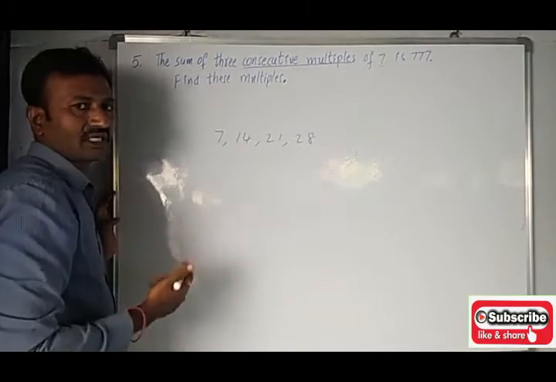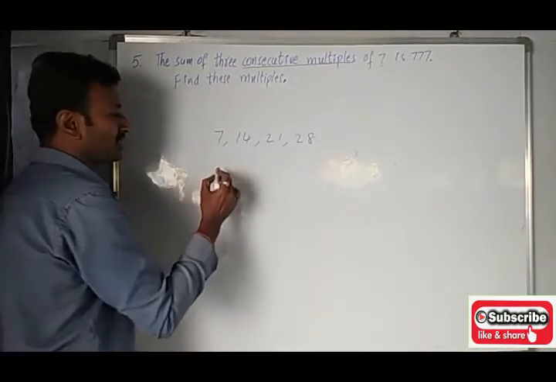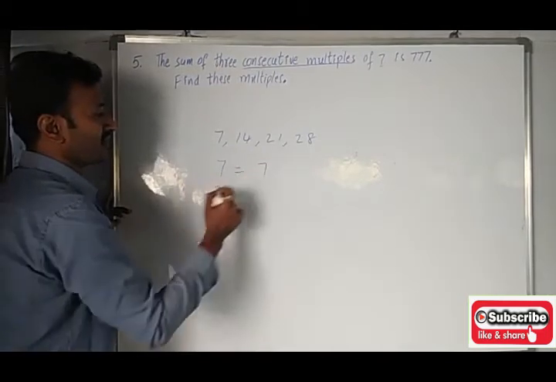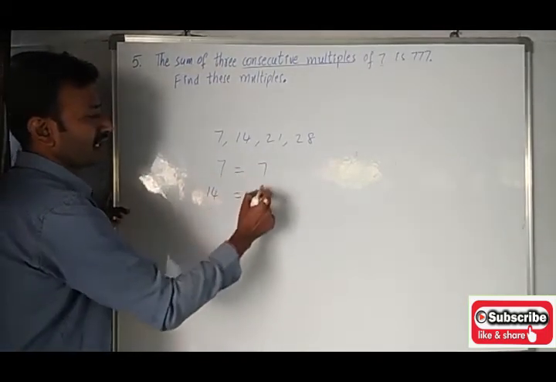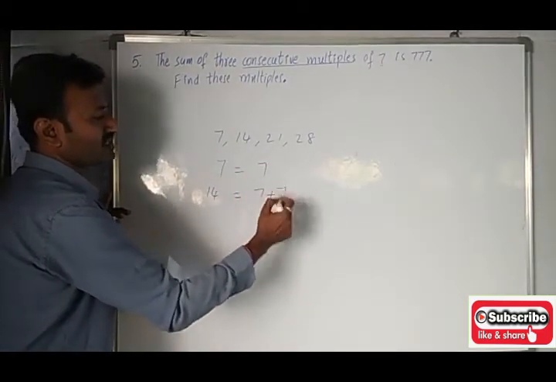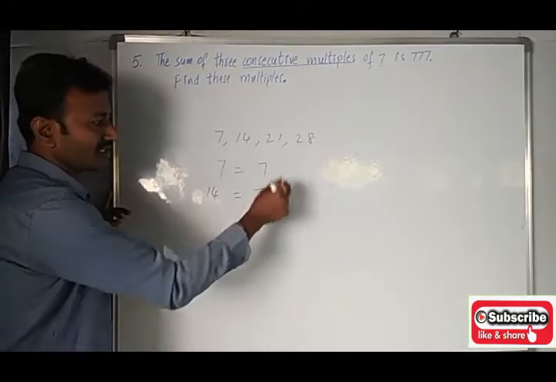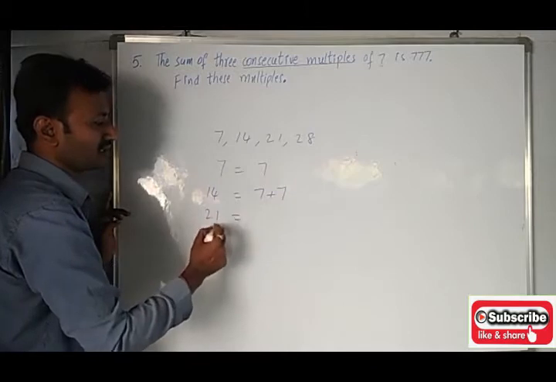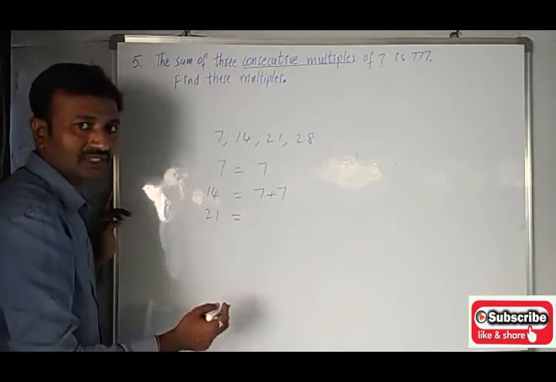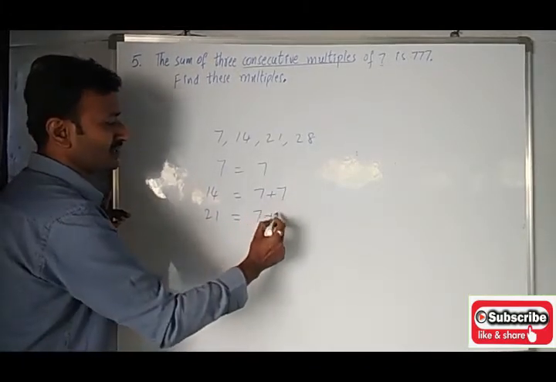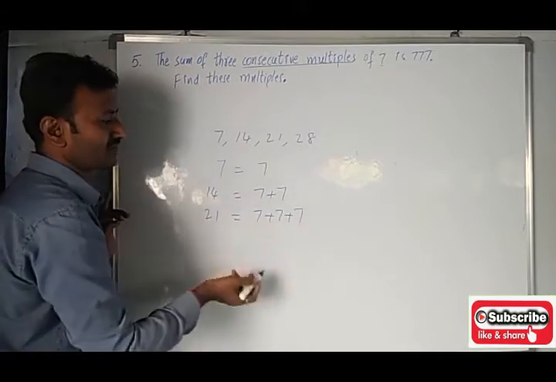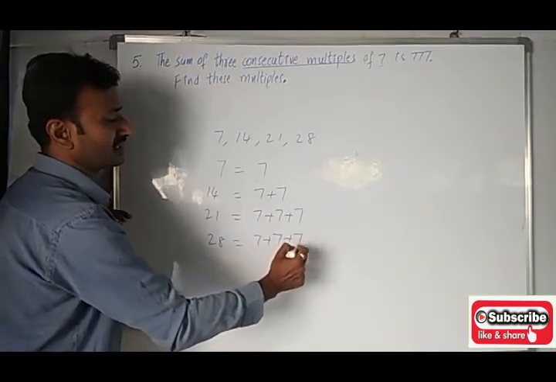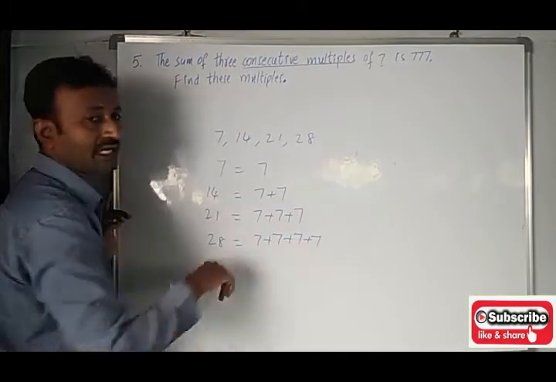If we see, we can understand the consecutive multiples. 7 is equal to 7. 14, how did we get it? To this 7, one more 7 is added. This is the second consecutive. Now we got 21: these are also multiples, 3 times, so 7 is added 3 times. Now 28, again one more 7 is added.